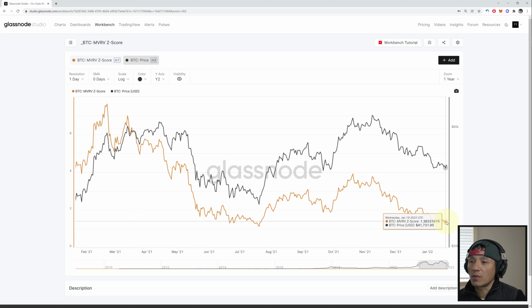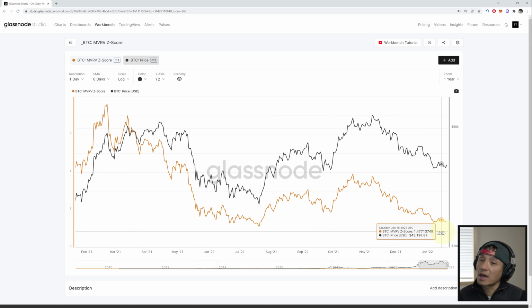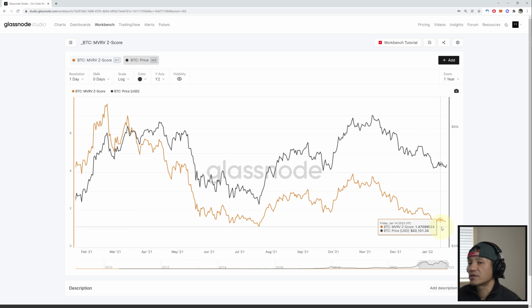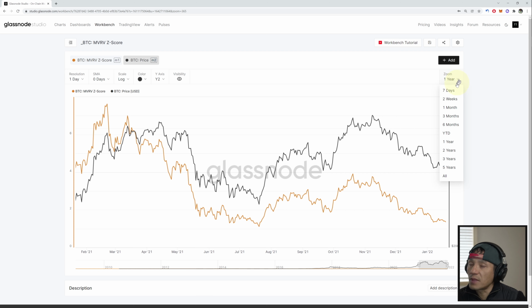So 1.36 is higher than 1.14. So we still have some room to go, but it could bottom out right here. But as you saw in my previous videos, that may not be the case yet. But it is a good indicator to help anticipate or give us an idea of where we're going.